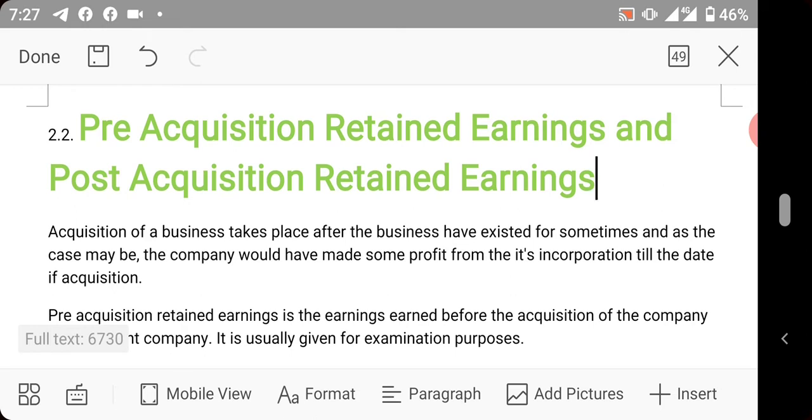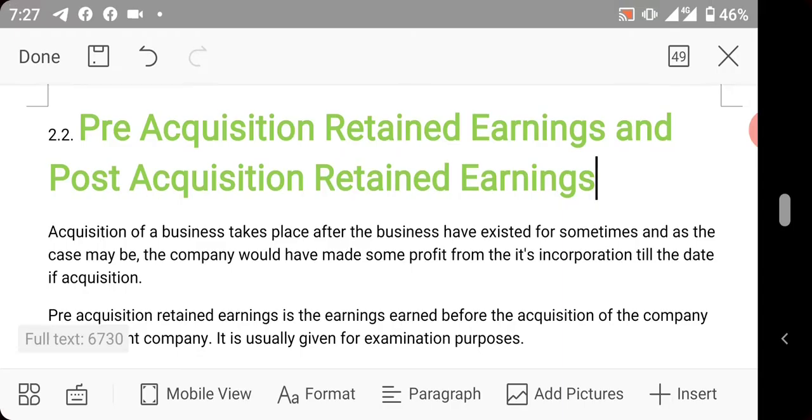Now, post-acquisition retained earning is that earning that a subsidiary company has after it was acquired. Computationally, if you want to calculate your post-acquisition retained earning, you will say post-acquisition is now equal to retained earning minus pre-acquisition retained earning.